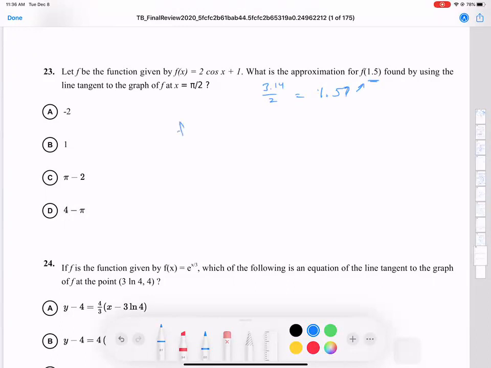So our rule again is f of 1.57, which is pi over 2, okay? Then we're going to add our derivative, which is f prime, at 1.57, and then we're going to subtract our 1.57. Oh, 1.5 minus 1.57, and this is actually going to give us a negative value, because we're going to go back a little bit, negative 0.07.